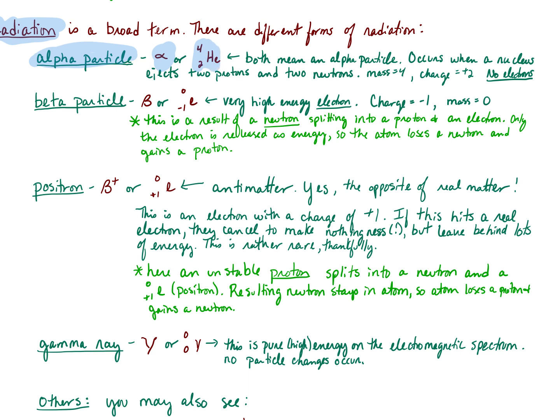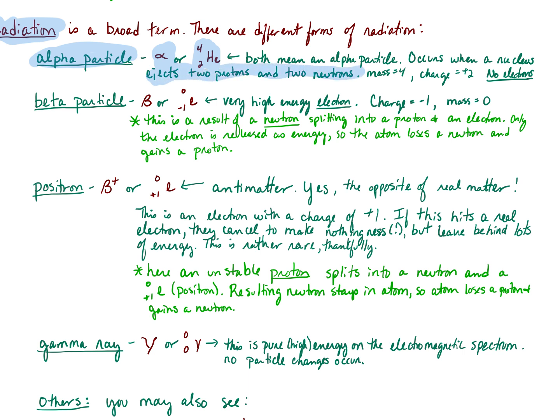So helium-4 would mean the same thing as the alpha particle, because that's what an alpha particle is. You're actually emitting kind of a helium atom. This is what happens when a nucleus ejects 2 protons and 2 neutrons.